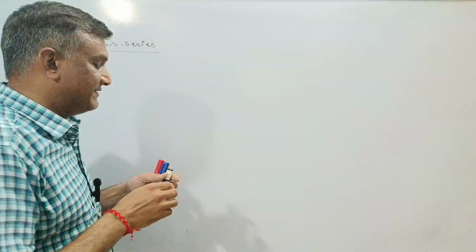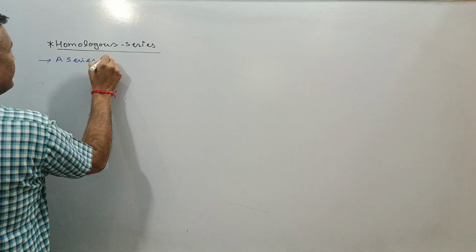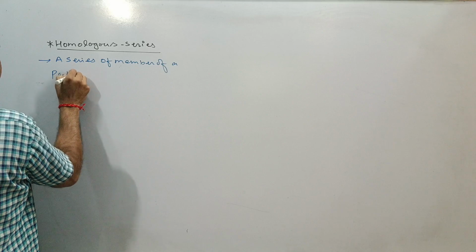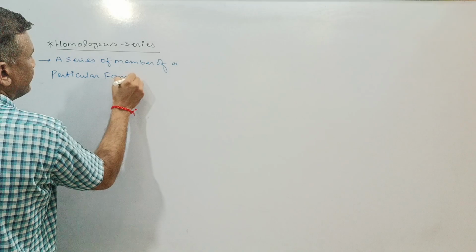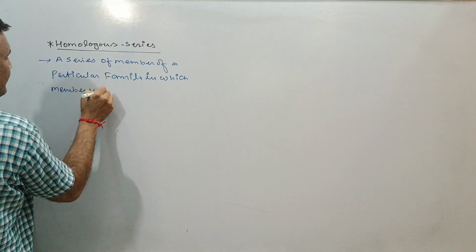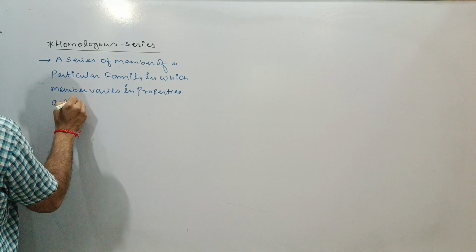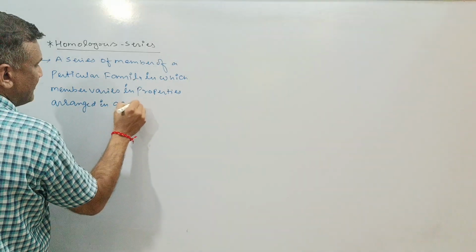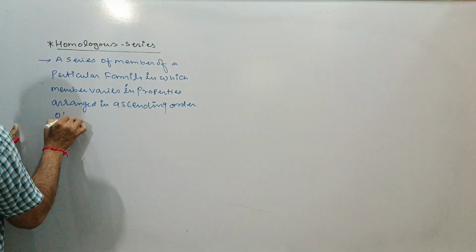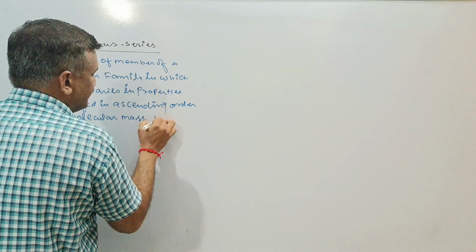If we go with the homologous series, then we can say a series of members of a particular family in which members vary in properties, arranged in ascending order of molecular mass, is called a homologous series.